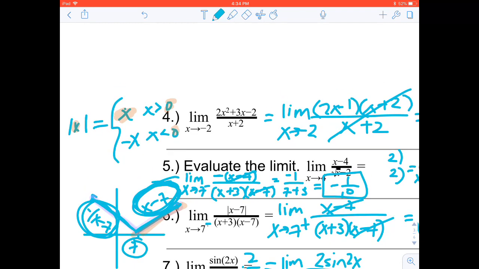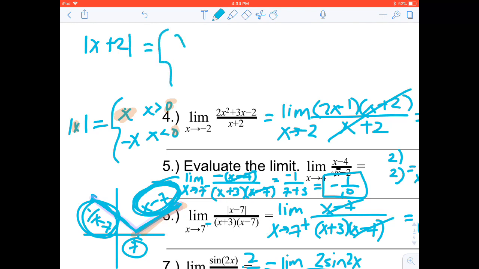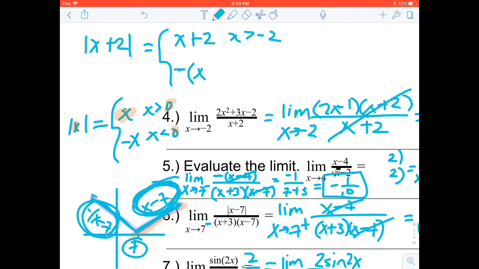So if it was something like x plus 2, this would become positive x plus 2 when x is greater than negative 2, and negative x plus 2 when x is less than negative 2.